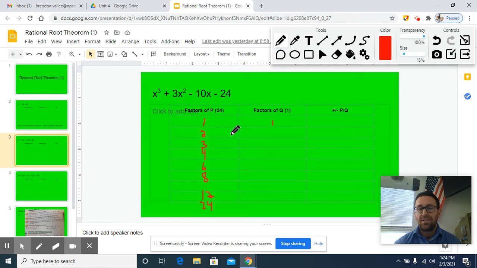So now what you're going to do is take each of these left numbers and divide them by this right number. So 1 divided by 1 is 1. Now that could be plus or minus 1. 2 divided by 1 is 2, and again, plus or minus 2. 3 divided by 1 is 3, plus or minus 3. 4 divided by 1, plus or minus 4, plus or minus 6, plus or minus 8, plus or minus 12.